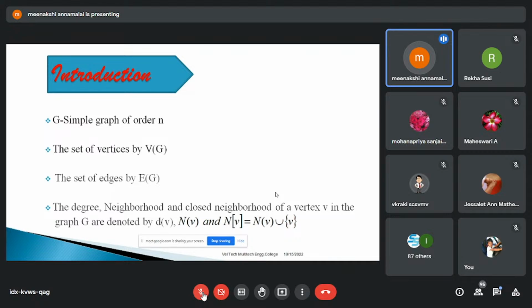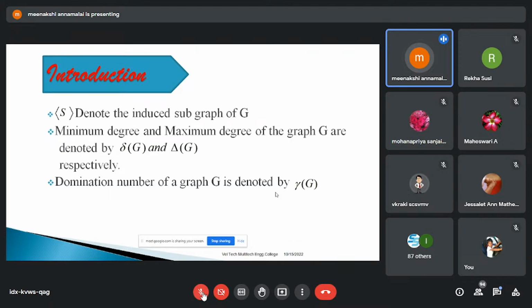Let S be a subset of the vertex set V, and for the set S the corresponding induced subgraph is denoted by the induced symbol of S. The minimum degree and maximum degree are represented by small delta of G and capital Delta of G, and the domination number of G is represented by gamma of G. Gamma of G represents the minimum domination number.